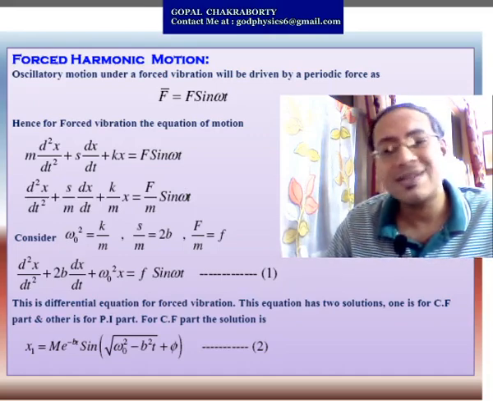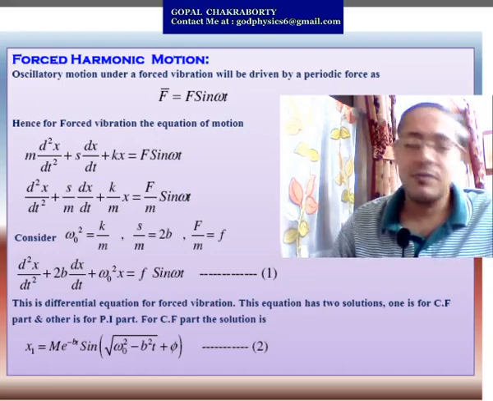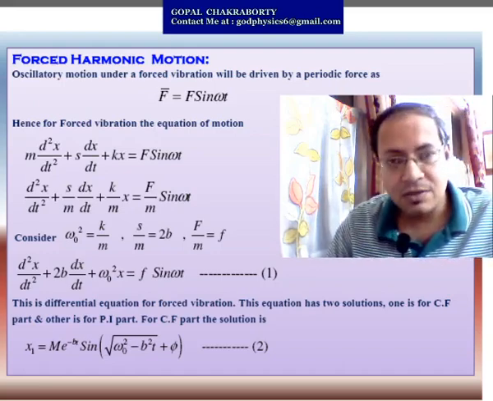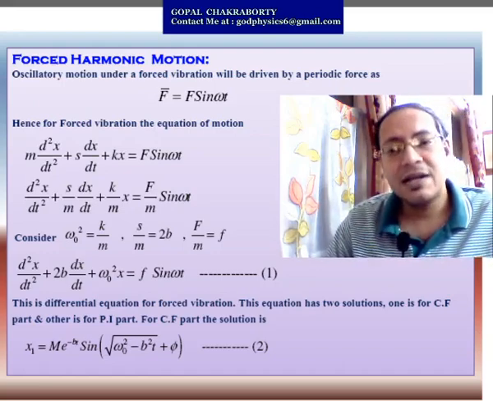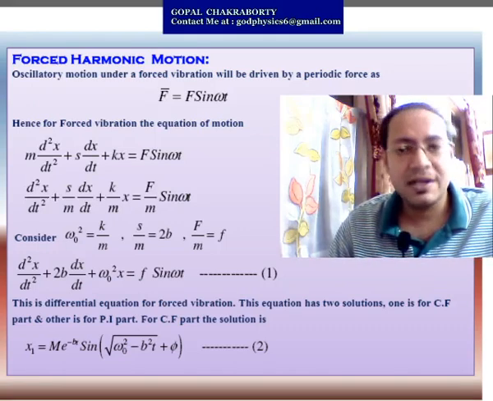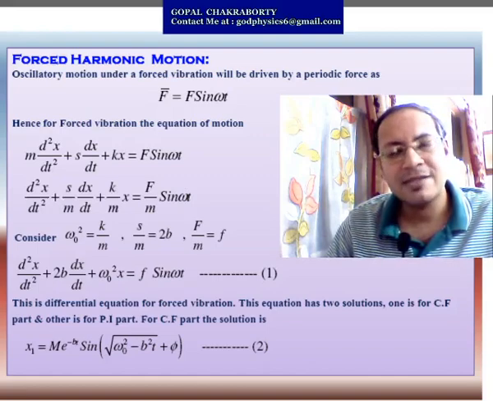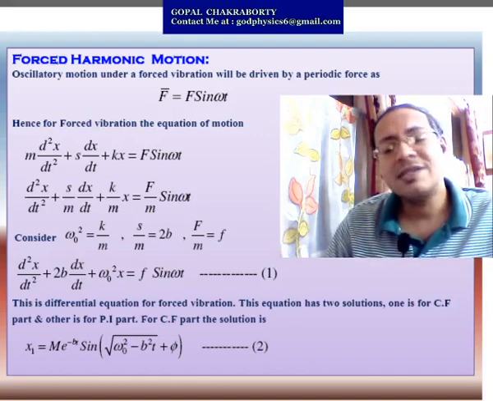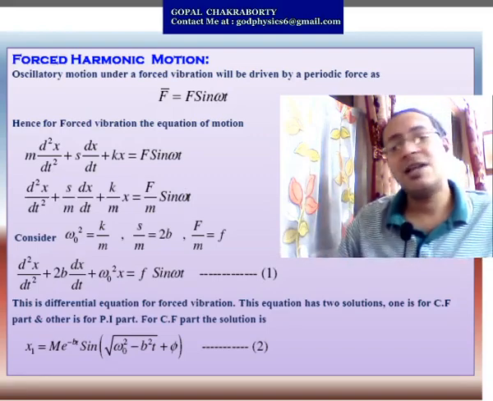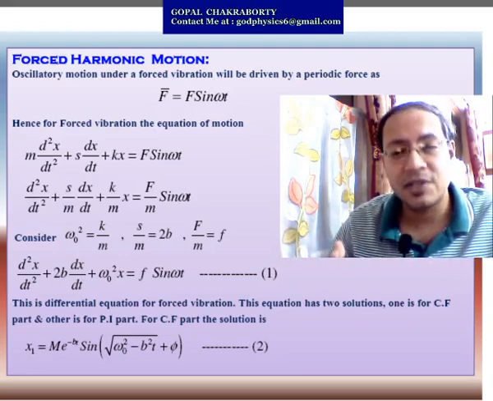All these are basically constants. If you substitute these, you get d2x dt2 plus twice b dx dt plus omega naught square x equals small f sine omega t. This is basically the differential equation of forced vibration.